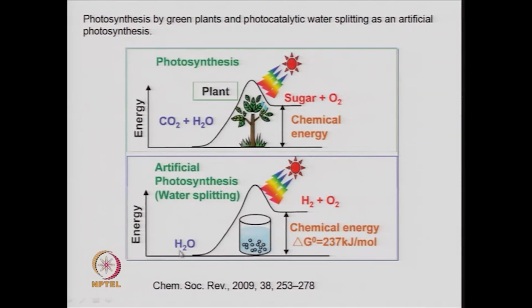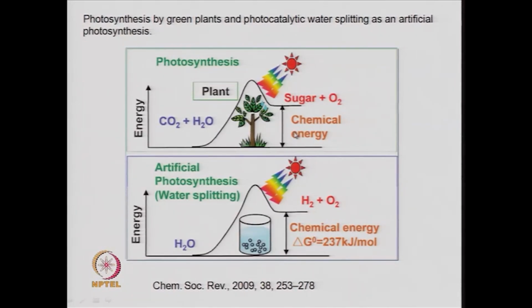Because in water splitting your reactant is only water, in the presence of the catalyst this water can be broken apart, or split, in the presence of solar radiation and the photocatalyst, into hydrogen and oxygen. And again you have to give energy of the order of 237 kilojoule per mole. So, this is also a reaction which needs energy.